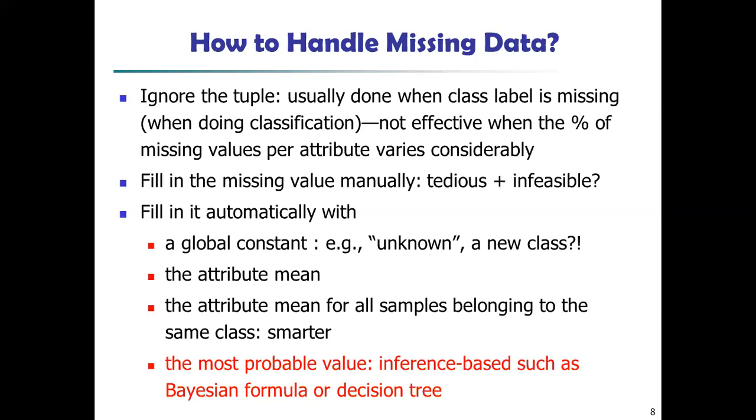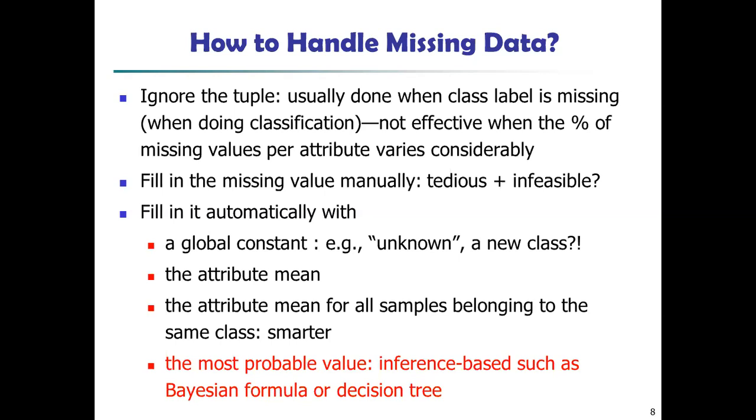The first way is to ignore the complete row, the tuple, if customer information is not filled. This is usually done when the class label is missing. When doing classification, it is not effective when the percentage of missing values per attribute varies considerably. So we ignore that tuple. And the second one is to fill the missing value manually.